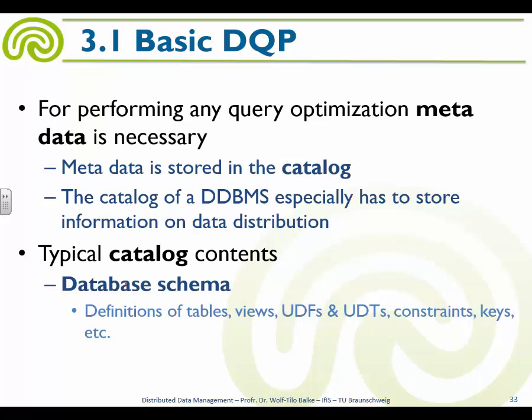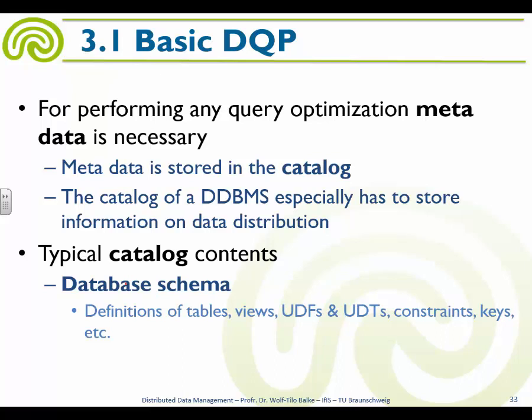Think of a time unit as a millisecond. Then 460 milliseconds is half a second and you get the results, whereas 23,000 milliseconds is 23 seconds, so half a minute before you get the results. This is a vast difference. Now you can say, of course, shipping all the data into one node is obviously the stupid solution, you wouldn't do that.